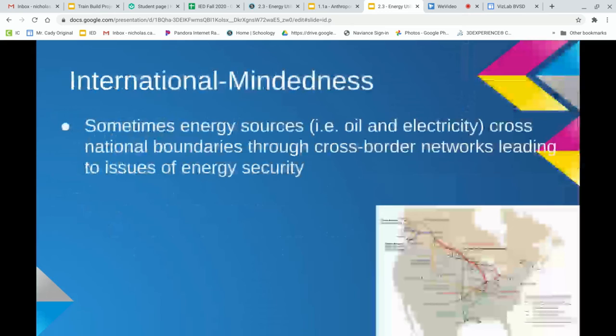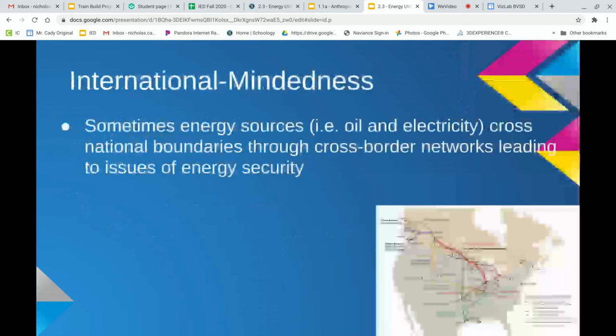International-mindedness. Sometimes energy sources, for example, oil and electricity, cross national borders through cross-border networks, leading to issues of energy security. This would be true in this image here. Now, luckily, we have a really good relationship with Canada, and I think we kind of take care of each other. But a lot of the oil that gets harvested from Alaska gets sent down to the lower 48 states via pipeline.